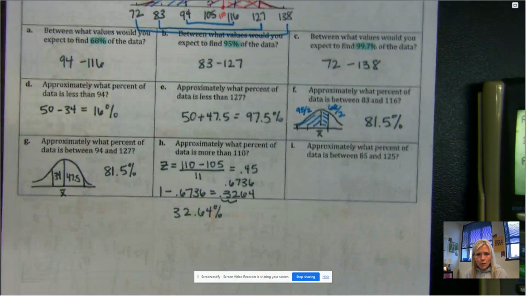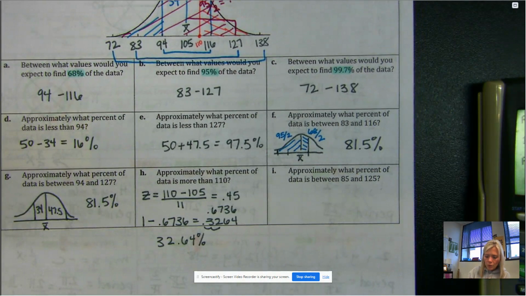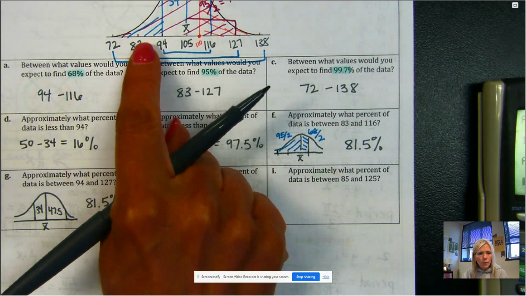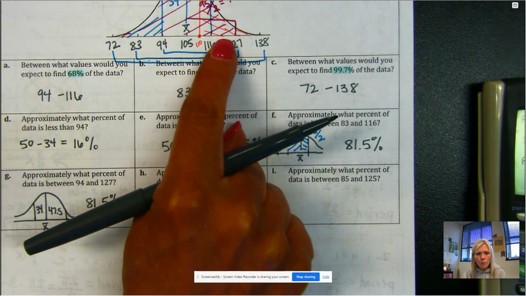And then last question, approximately what percent is between 85 and 125? So we're in that predicament again where neither of those are one of the numbers we use to number this. They're not whole number standard deviations. So 85 would be about here, 125 somewhere over here.